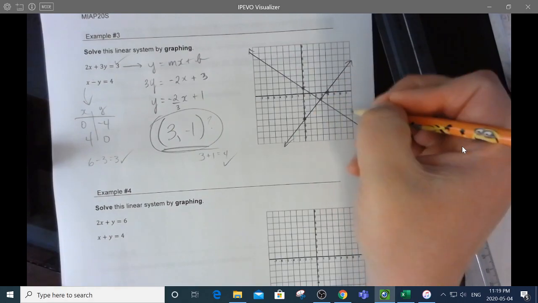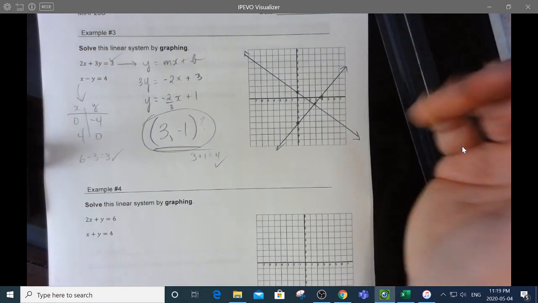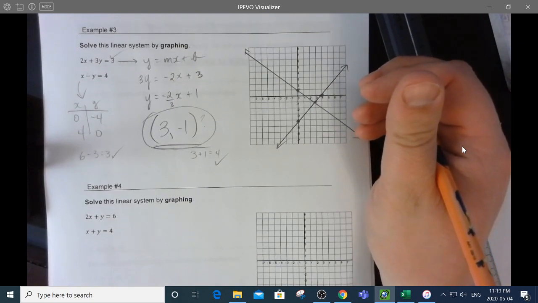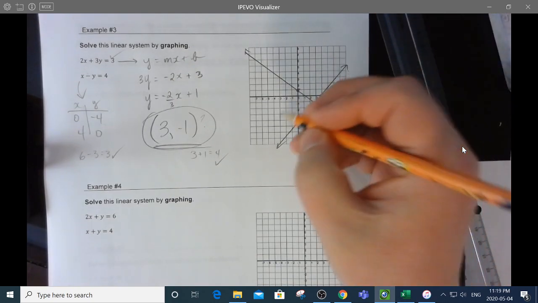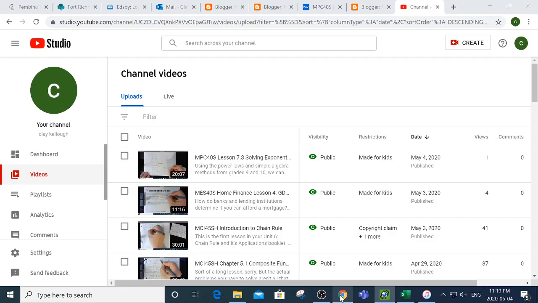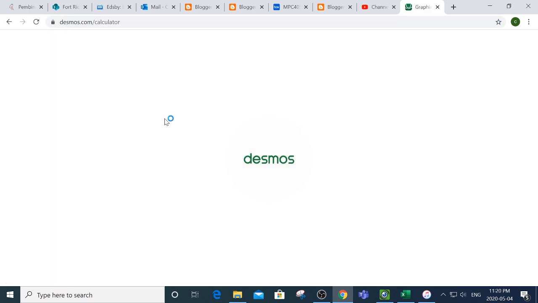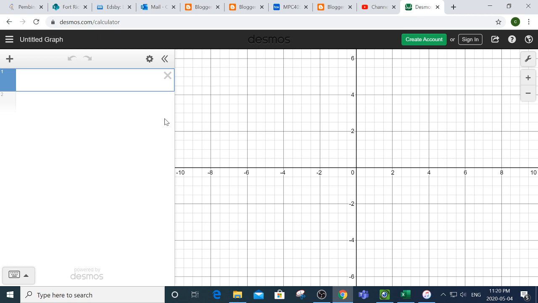This point is off because we just talked about this. That's the limitations of the graphing method. I am at the mercy of how accurately I can draw. Of course, a graphing calculator or a graphing software program doesn't have that limitation. If I type in 2x plus 3y equals 3, I get that line.